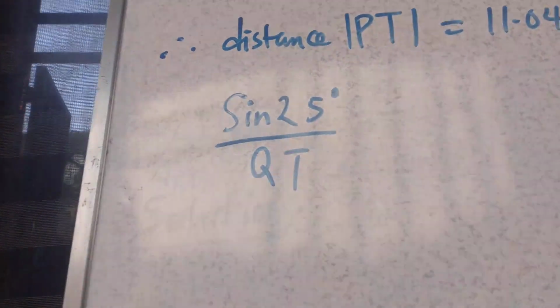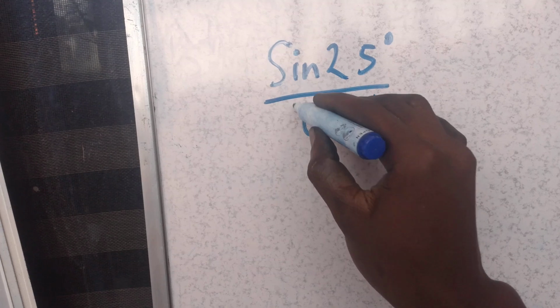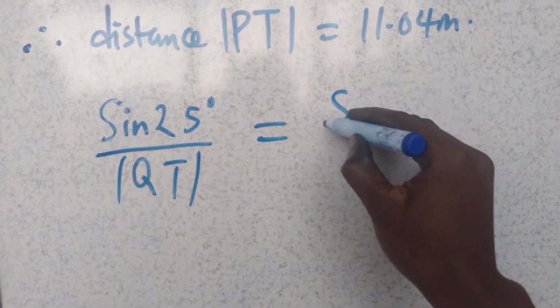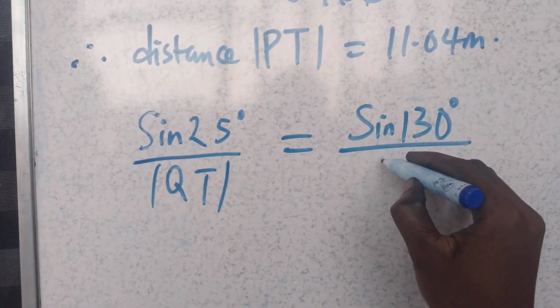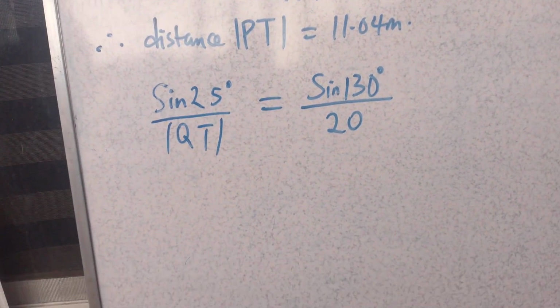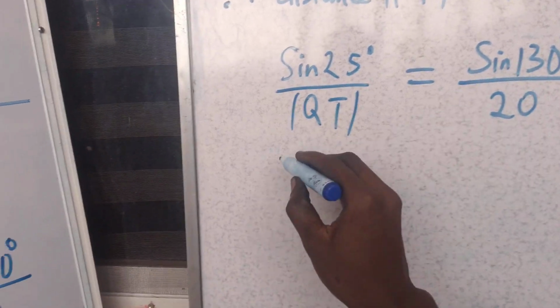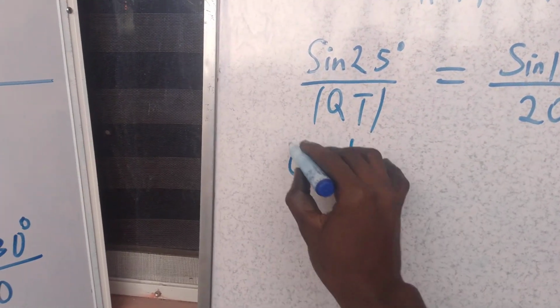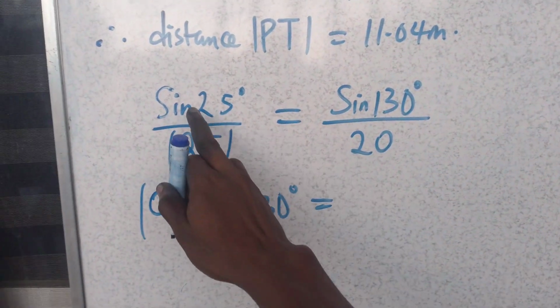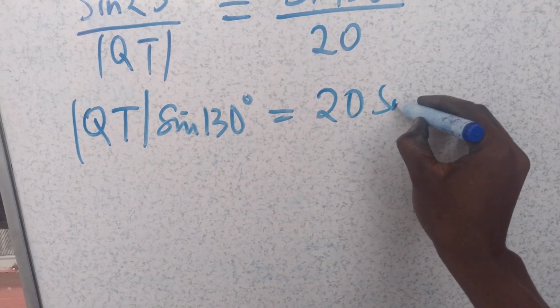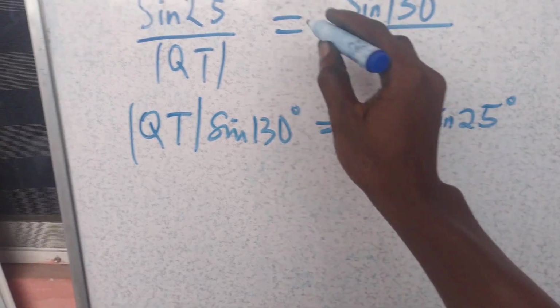When I cross multiply this, that's qt sine 130 degrees equals this one multiplied by this one, which is 20 sine 25 degrees.